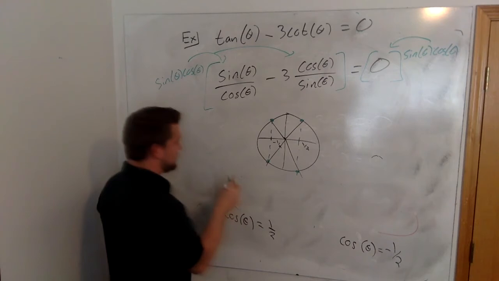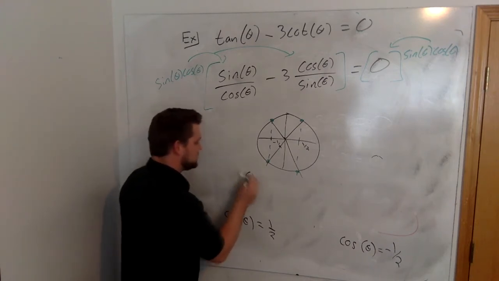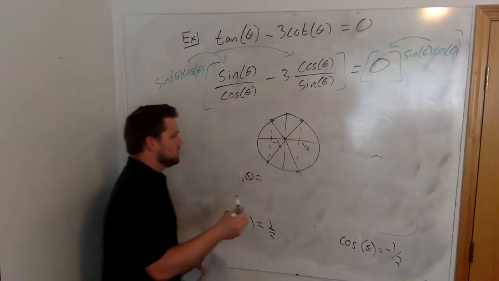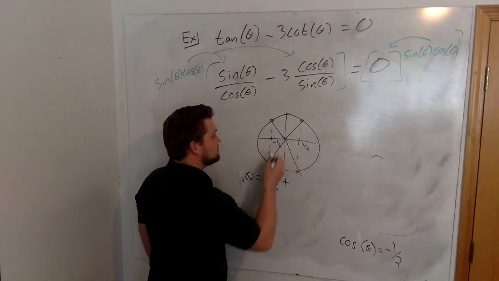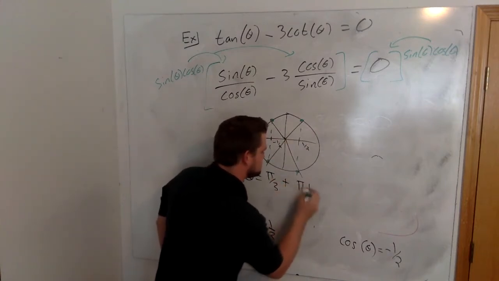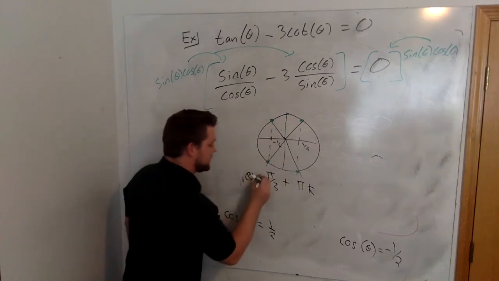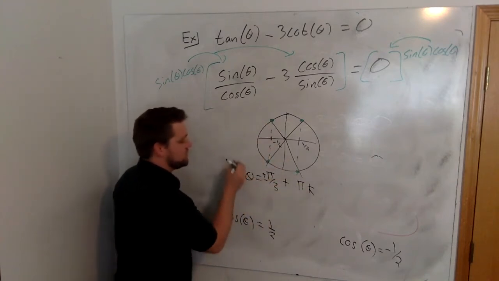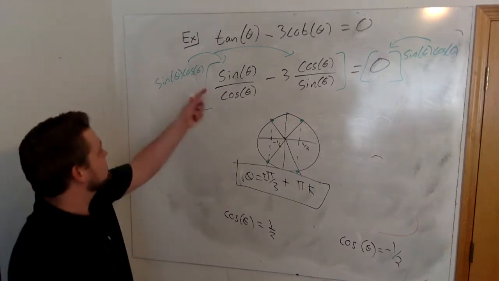Okay, so I think we'll get that theta could be equal to pi over 3 plus pi k. But we also could have negative pi over 3 plus pi k, so we could get plus or minus pi over 3 plus pi k. So here are the solutions for this equation here.